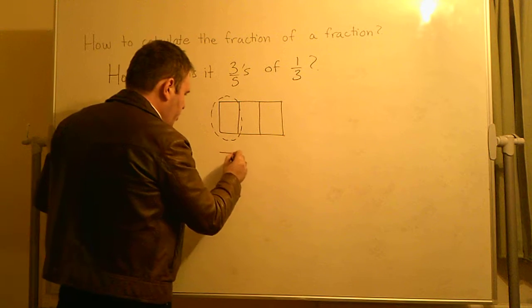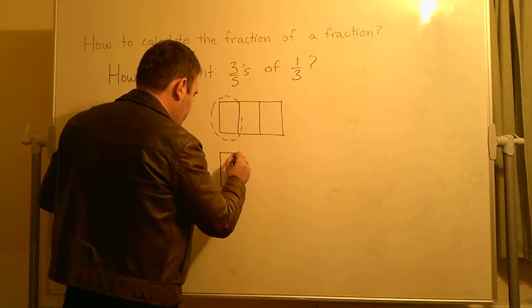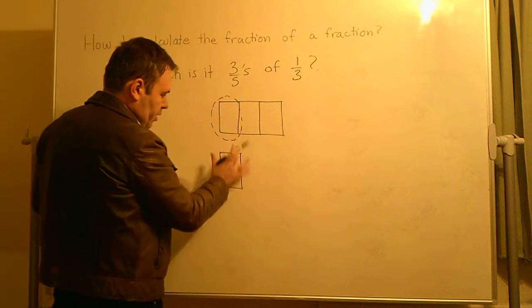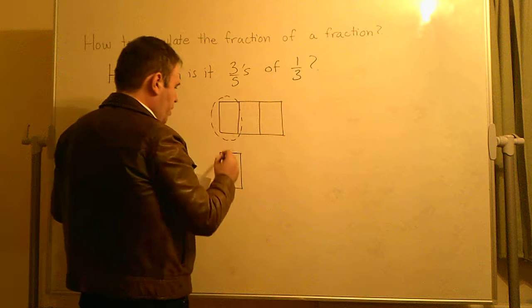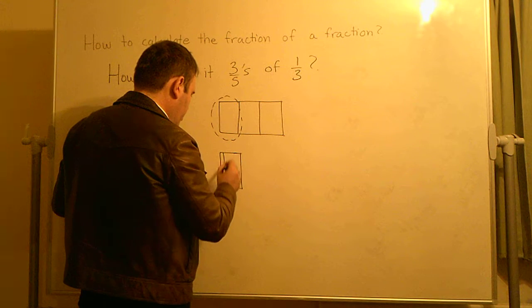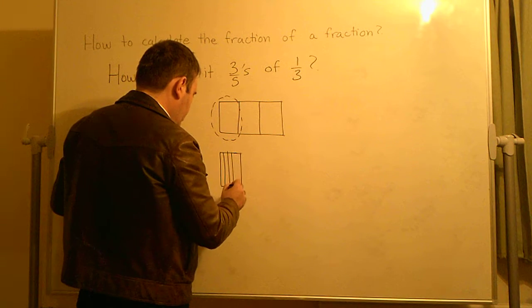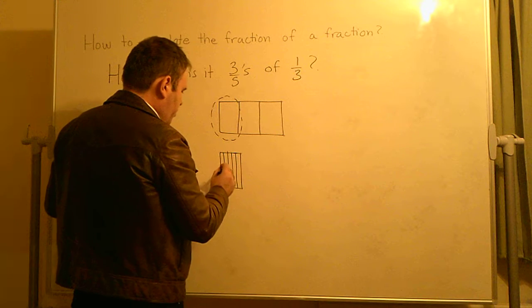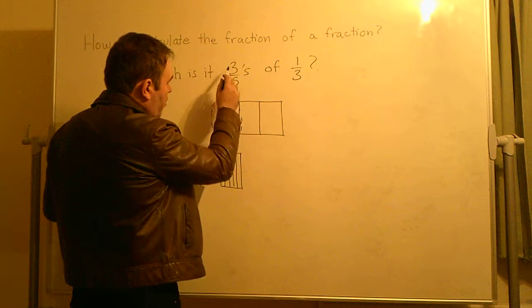Now we're going to take this 1/3, and we're going to divide it up into 5. One, two, three, four, 5, and then we take 3.